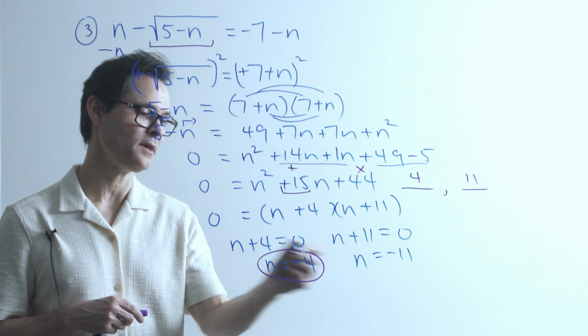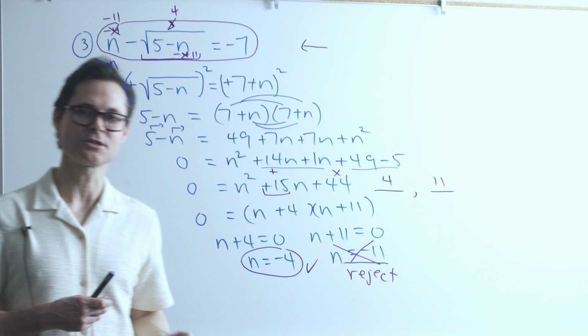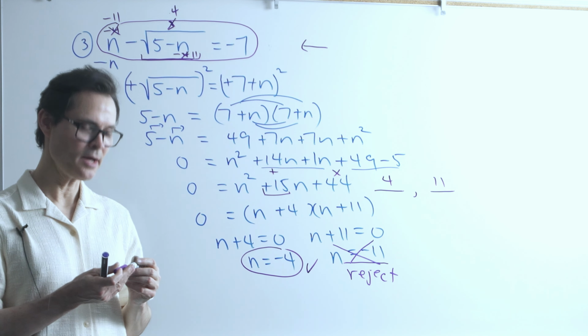Negative 11 minus 4 actually is not negative 7. It's actually negative 15. So unfortunately, since this answer did not balance the original equation, we reject it. And that becomes known as an extraneous solution. So this question only has one answer.